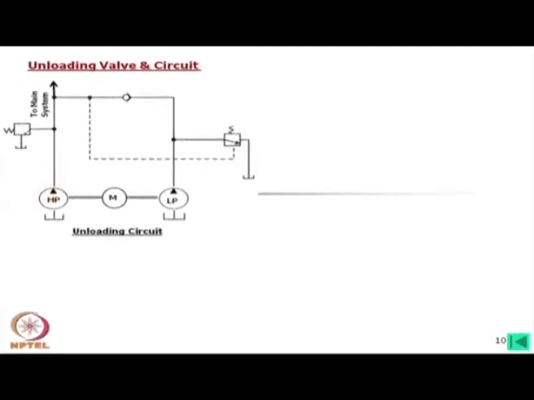Now, we will go for unloading. That was a counterbalance valve. Now, we will go for an unloading valve. What is unloading? Usually in any fluid power system, we need to go for an energy saving process.